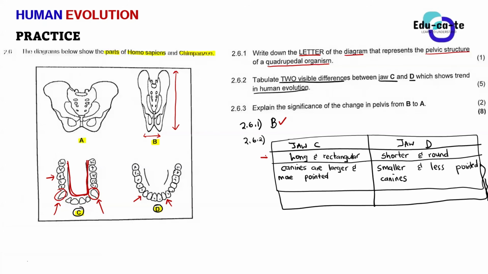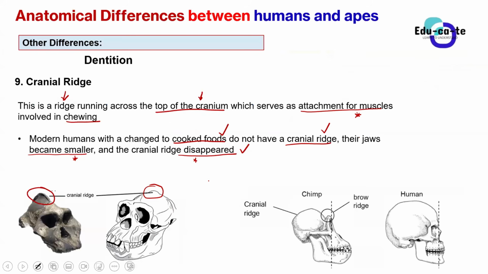So can you say that the jaw for C is more developed than the one for D? Well, we cannot really see it from the side view. They say you need to give two visible differences. You would be able to see that the jaw is more pointed if you were given a view like this, whereby you see the jaw exactly as it is from the side.